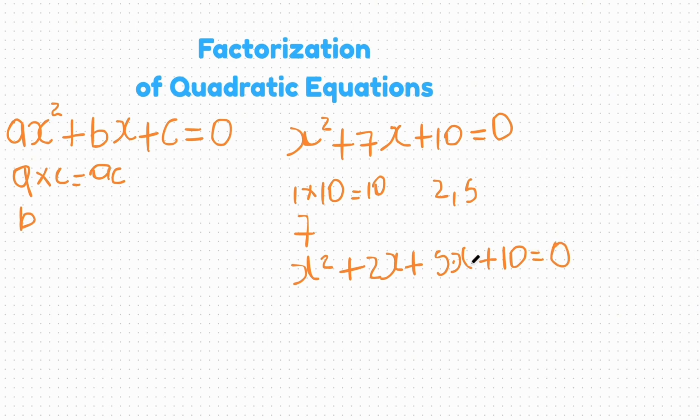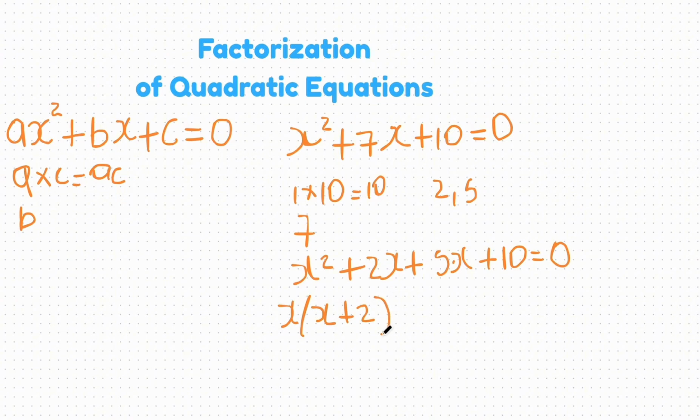We can now go ahead and solve by factoring. So we need the HCF or the GCF of x squared plus 2x, and that would be what? X. Then we divide our x squared by x, and x squared divided by x gives us back x. We divide our positive 2x by x, and we get a positive 2.